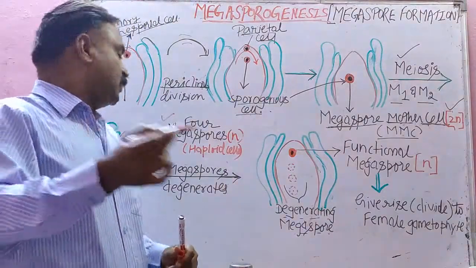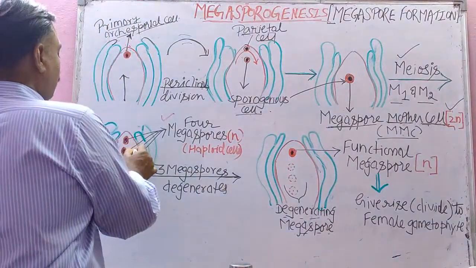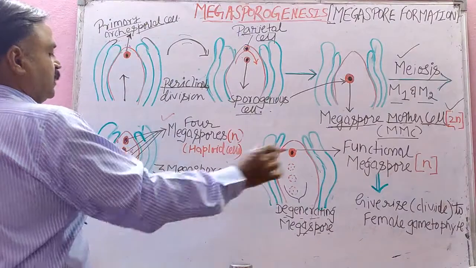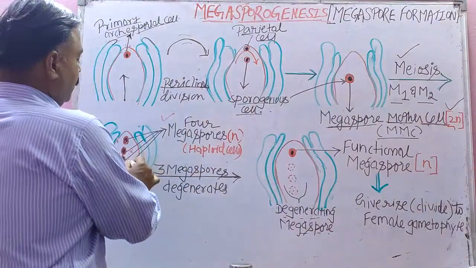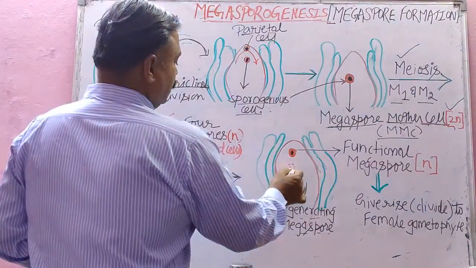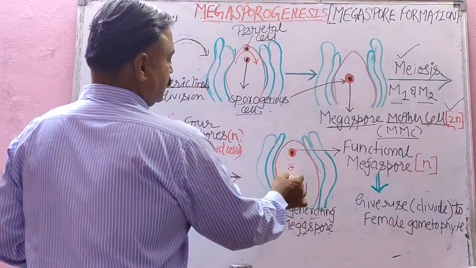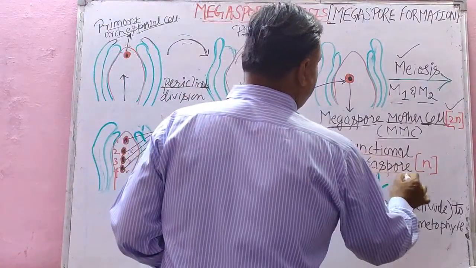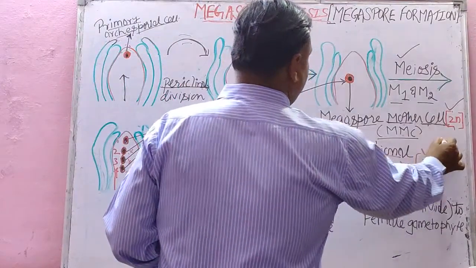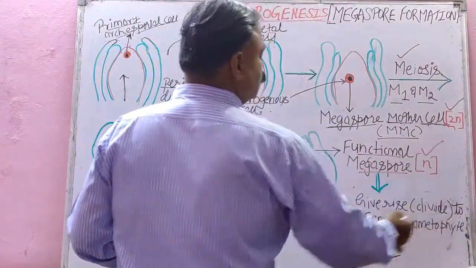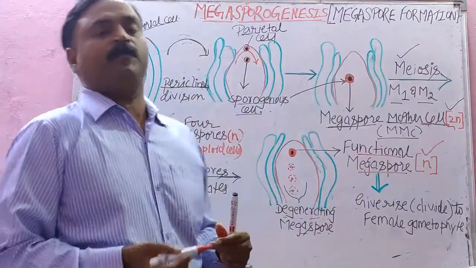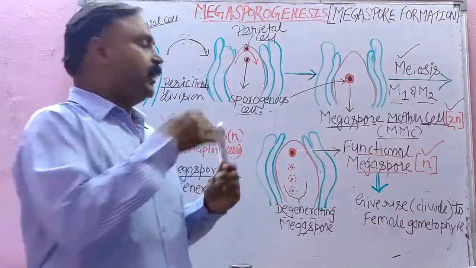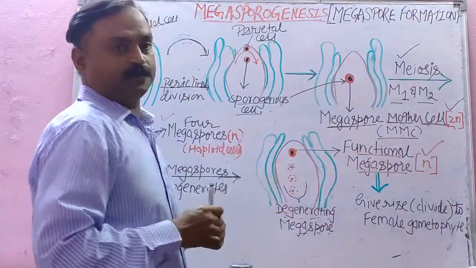Now later on, out of these 4, 3 megaspore cells degenerate, and only one functional megaspore cell remains, that is haploid, and it will divide to form the female gametophyte, and that will be the next question.